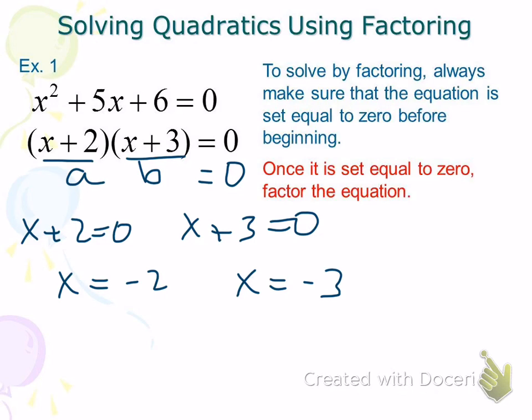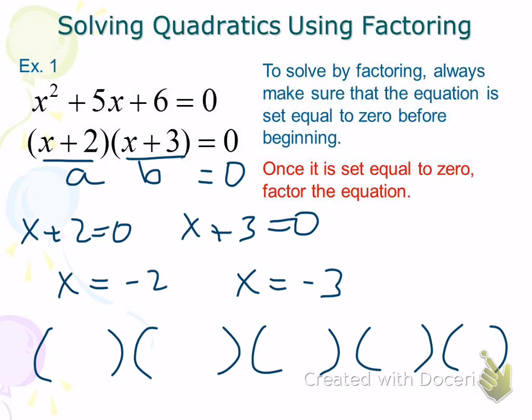Okay? Now, the reason that this is going to be so important for us is because the zero product property works whether we're multiplying two things or whether we're multiplying 15 things. So if I could break up a 5th degree polynomial into 5 binomials, I could set each binomial equal to 0 and find all 5 solutions.